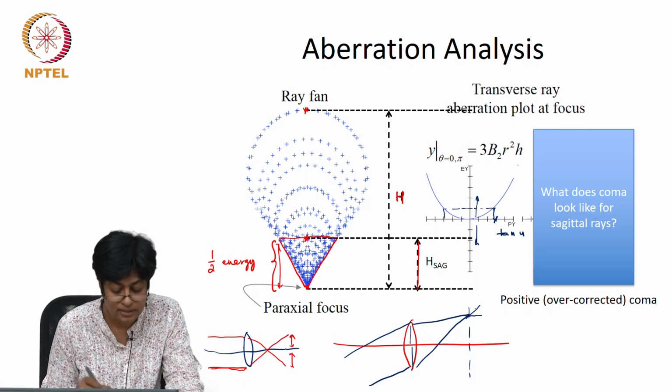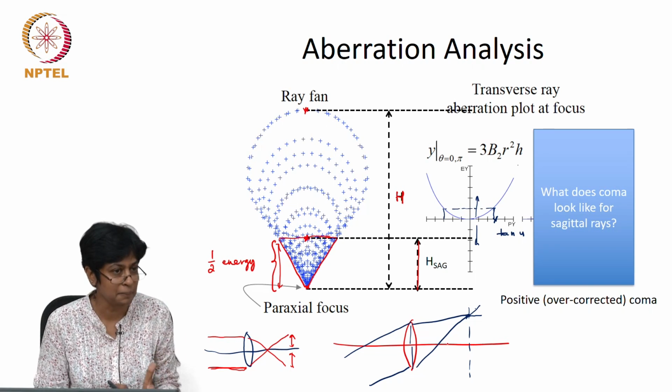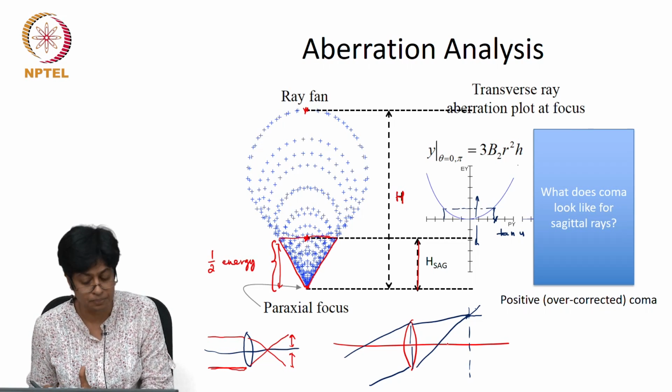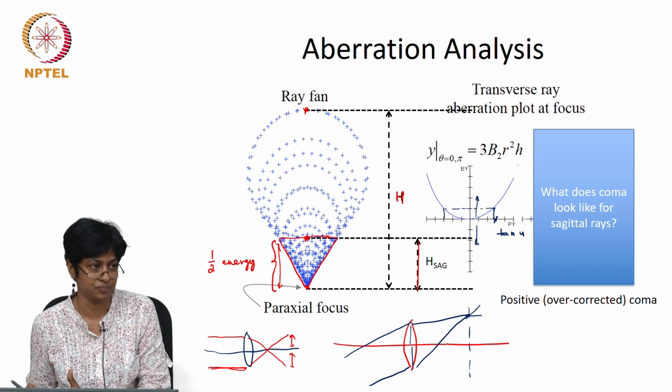So the two rays in spherical aberration have the same magnitude and opposite sign, but in coma they have the same magnitude, same sign, right?